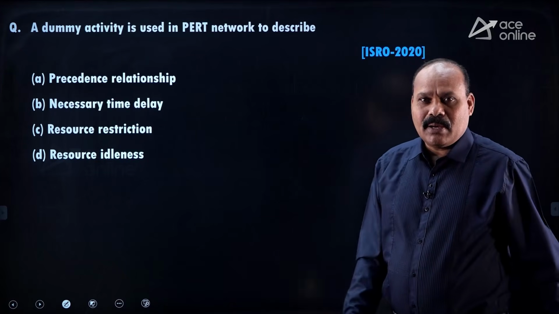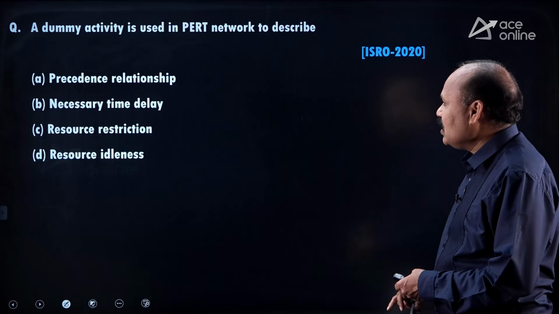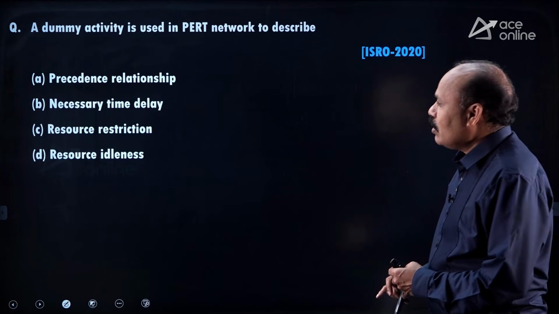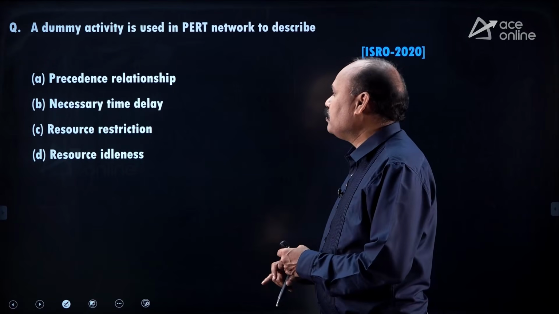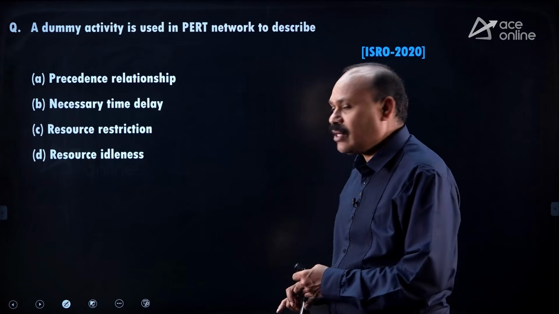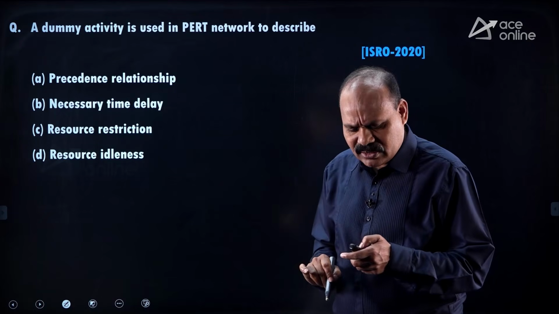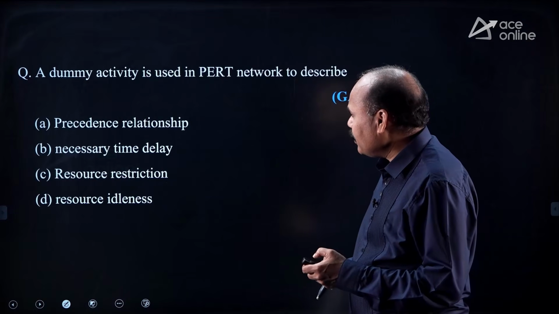Next, a dummy activity is used in a PERT network to describe: precedence relationship, necessary time delay, resource restriction, resource idleness. Before answering this question, let me show one more slide.